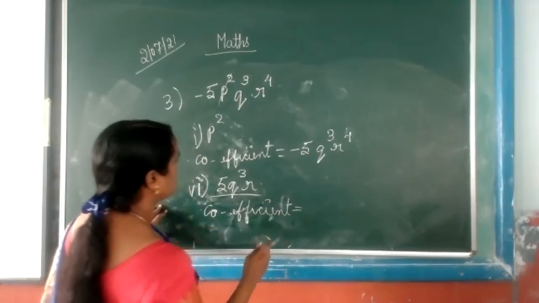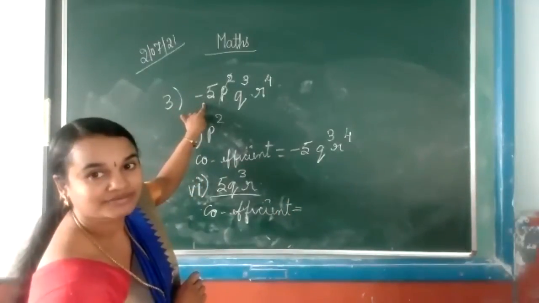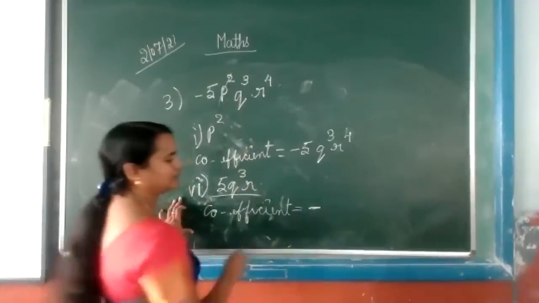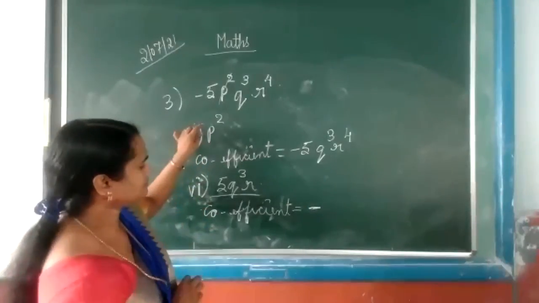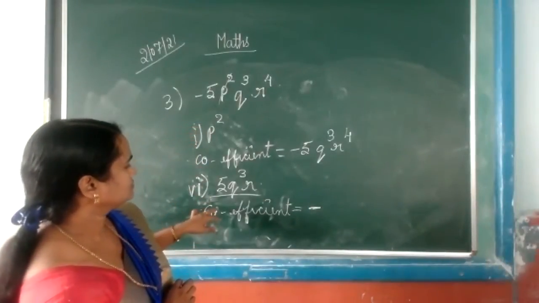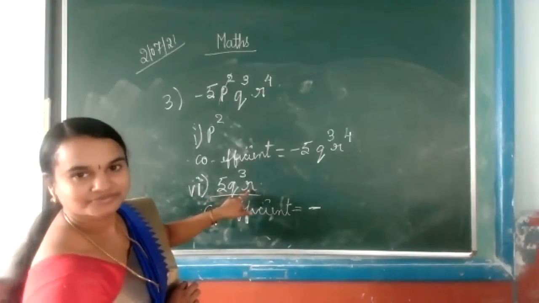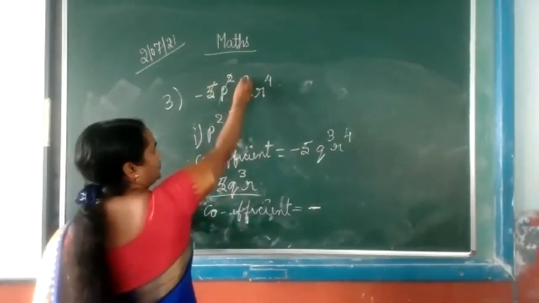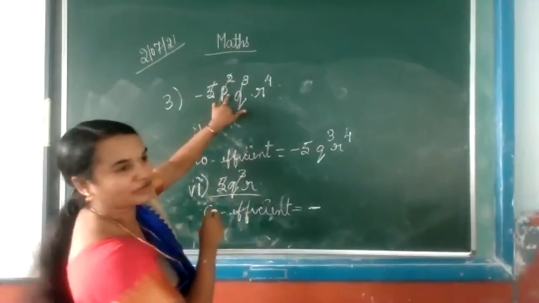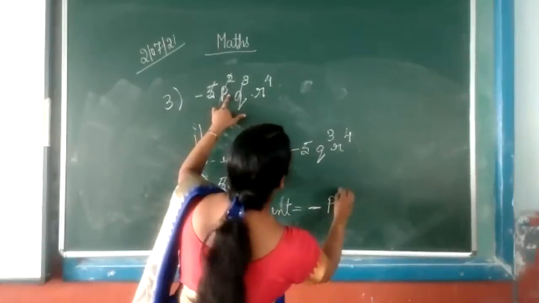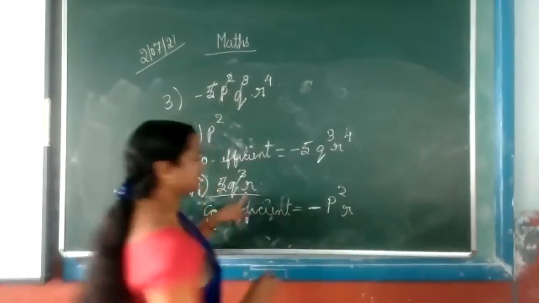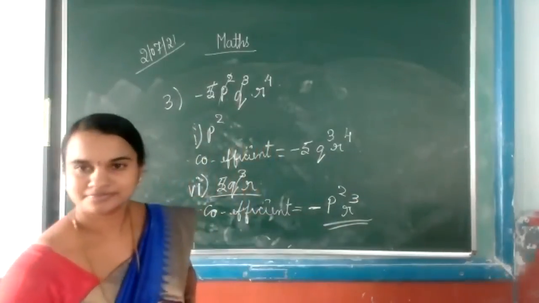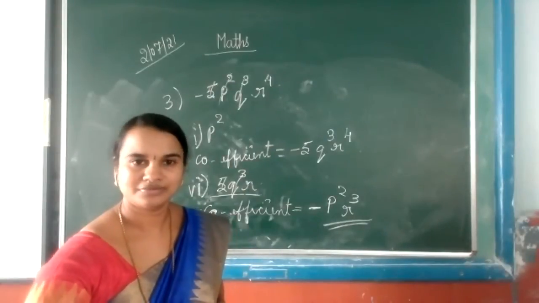Minus sign: first minus, and here they have not given minus, that means minus also we have to write it. You see here 5 is already given, 5 we don't write. Square. That means the remaining 3 we have to write. This is the answer. Understood? Okay.